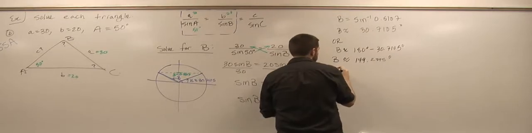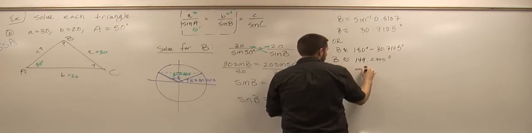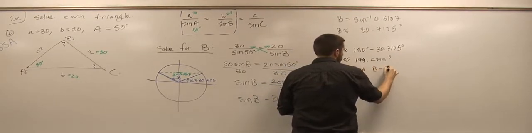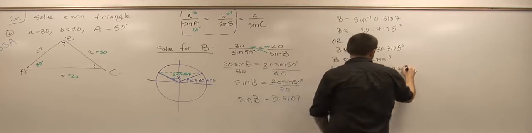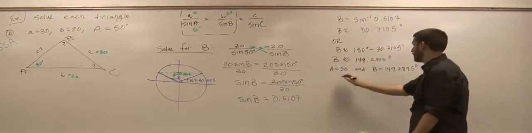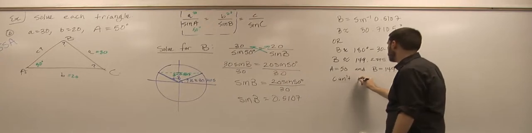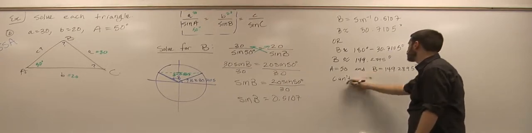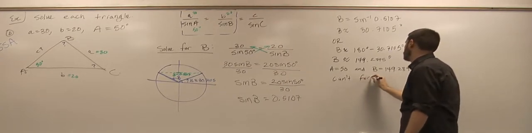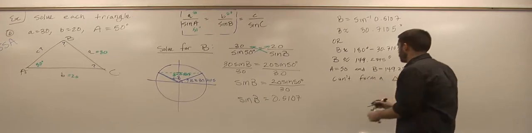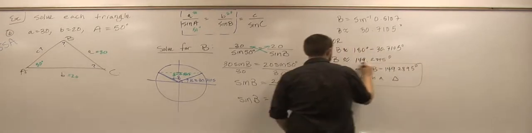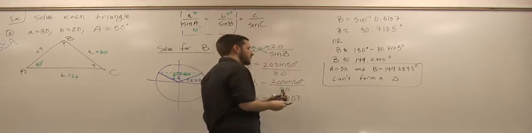So A equals 50 and B equals 149 point whatever can't work. Can't form a triangle. So this solution I'm going to ignore.